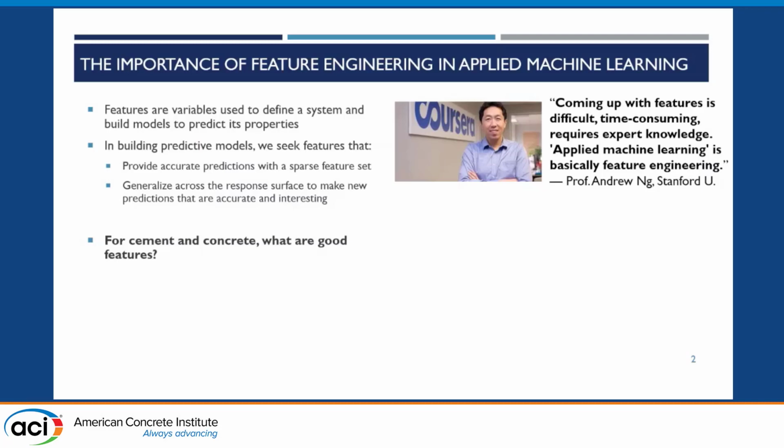And for cement and concrete, in literature you would see a lot of models incorporating compositional features, and the authors of this work argue that it's really important to engineer these features based on composition to get a more generalizable and accurate model.